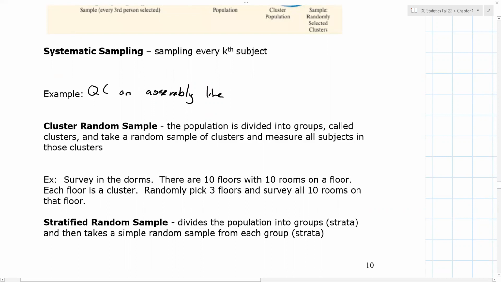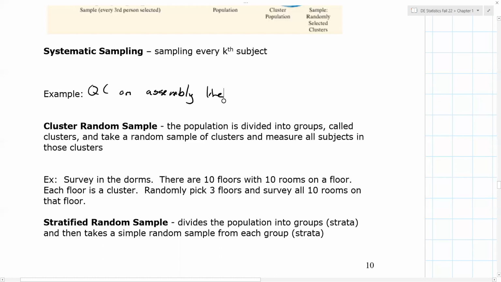Once I've divided up my population into those clusters, I then use simple random sampling. Again, like I mentioned in 1.3, simple random sampling is going to be the backbone of a lot of these other techniques. So after we've broken up a group into our clusters, we then use simple random sampling to select entire clusters at a time. So if we were doing Arapahoe High School, we break it up into classrooms.